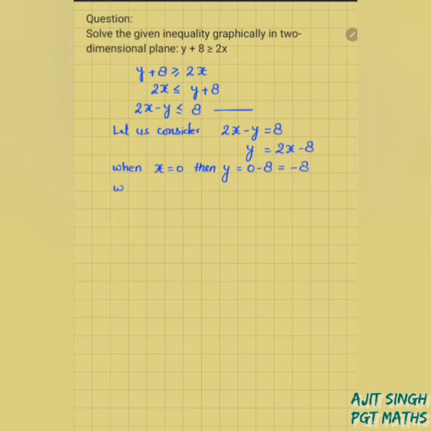Similarly, for the second value, we will put a value of x so that y is 0. When x is equal to 4, then y is equal to 2 into 4 minus 8, equal to 8 minus 8, equal to 0.